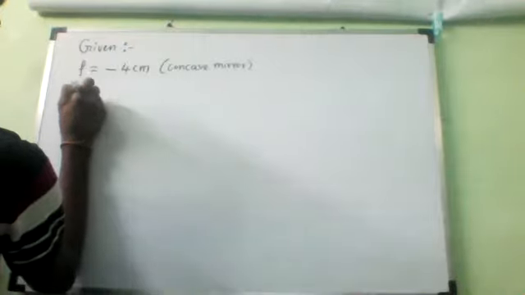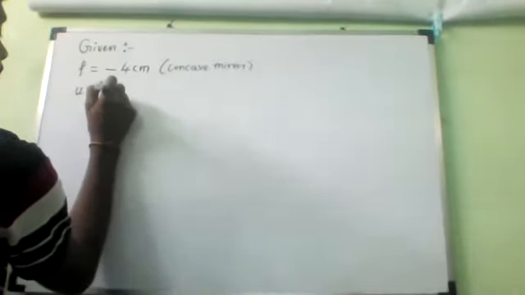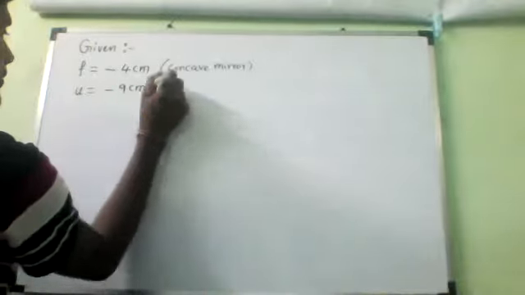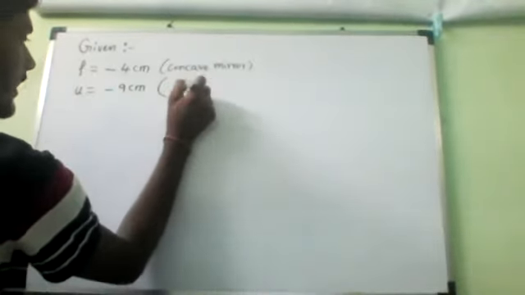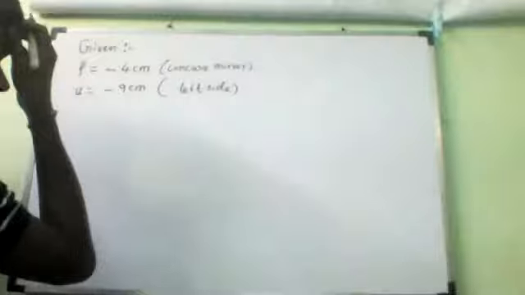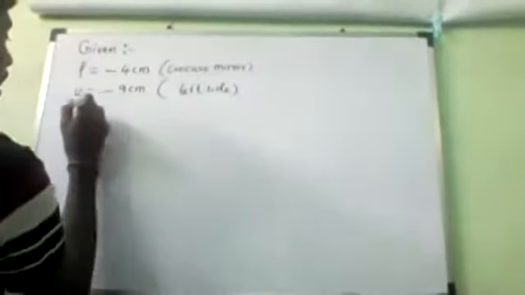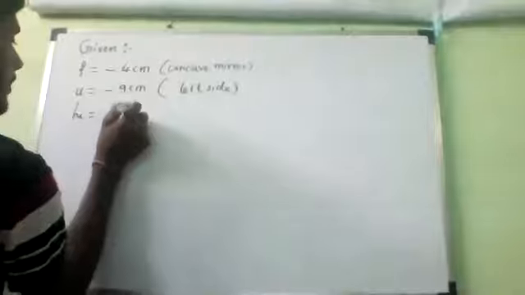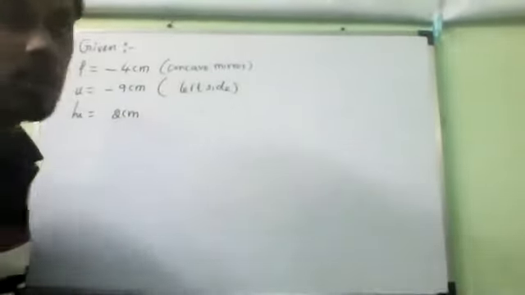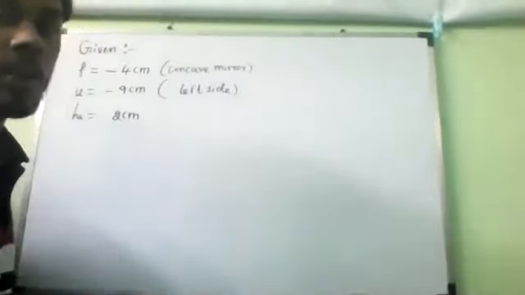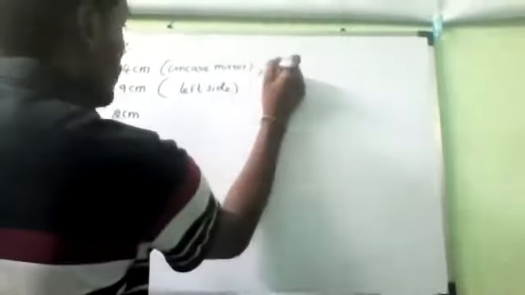Next, tell me, object distance. Minus 9 centimeter. Object is always kept at left side, so object distance is also minus 9 centimeter. Now, height of the object, how much is it? 2 centimeter. Now, as I have taught you, if you come to know the F, immediately you must come to know the 2F.